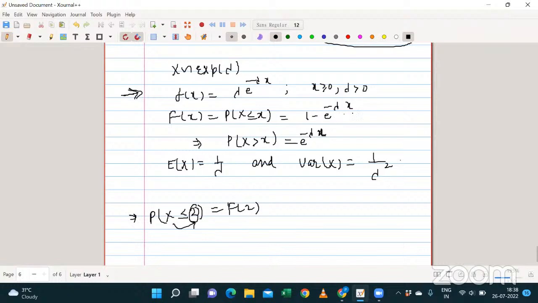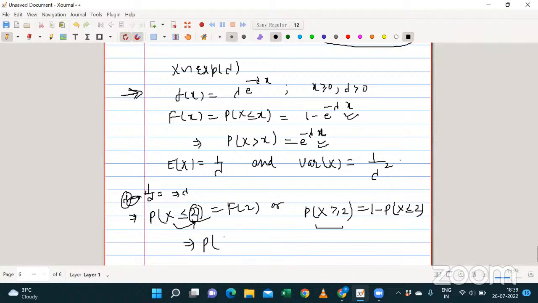You have to apply this formula. Lambda will be given, for example, if the question says X follows exponential with a given mean, you can find lambda. Or it can be at least 2, meaning greater than or equal to 2, and then you apply this formula.